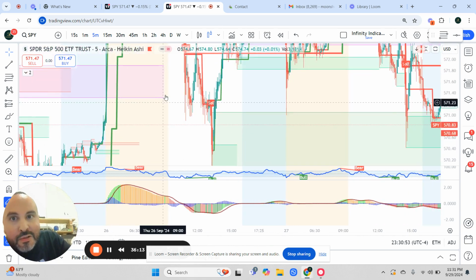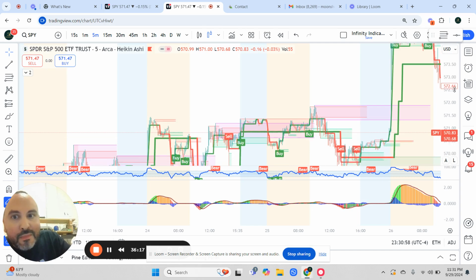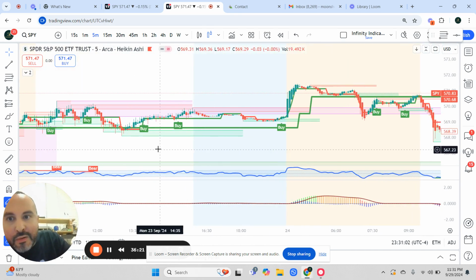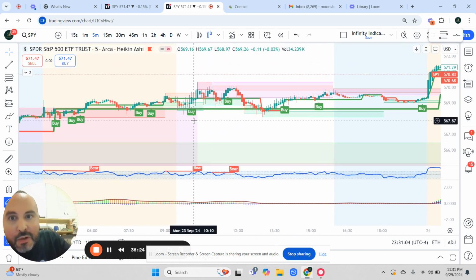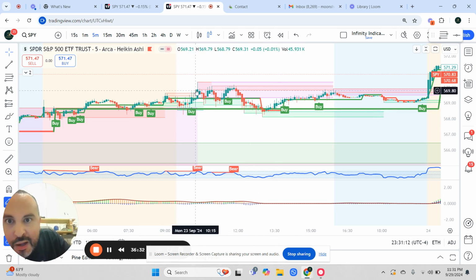Let's see, where else can I see? Let's go to the day before. Okay, so kind of the same thing here, right? You have your green support areas. Okay, so we got the buy signal. And again, this doesn't look like a huge trade, right?